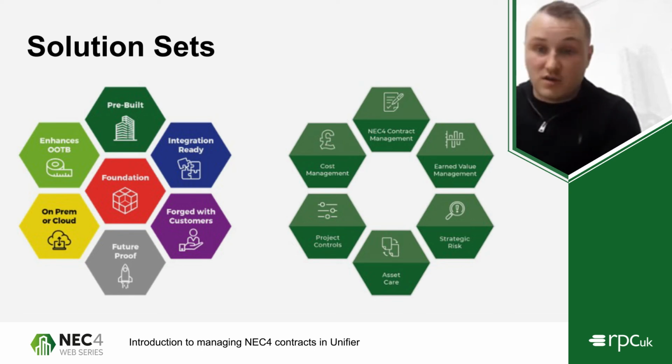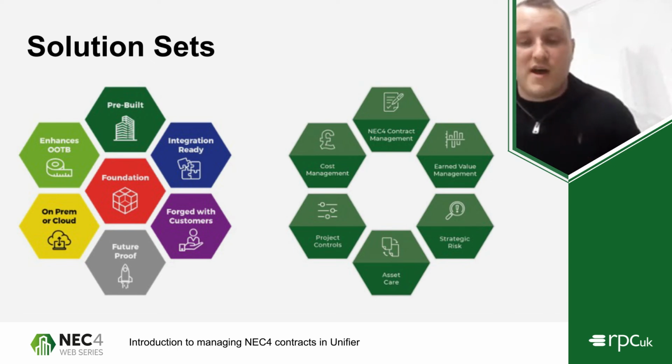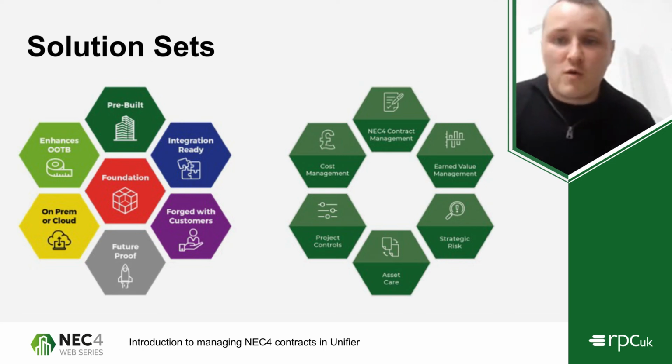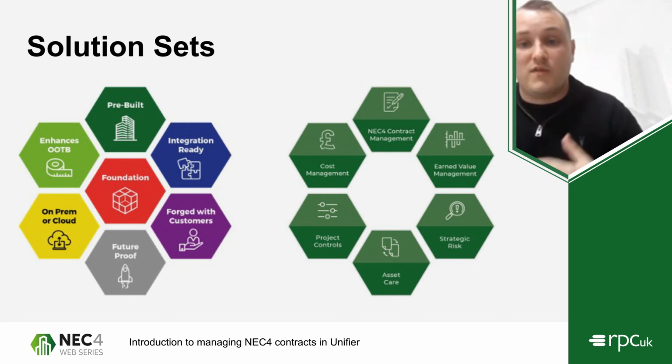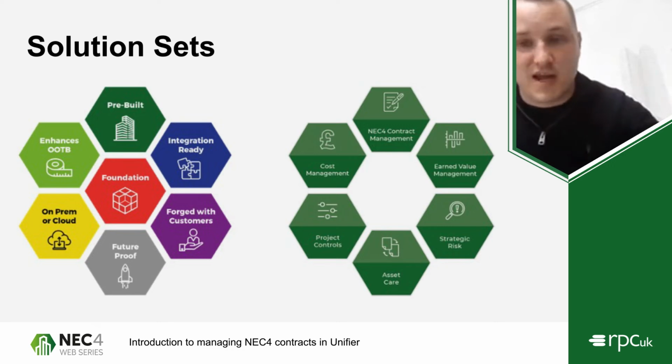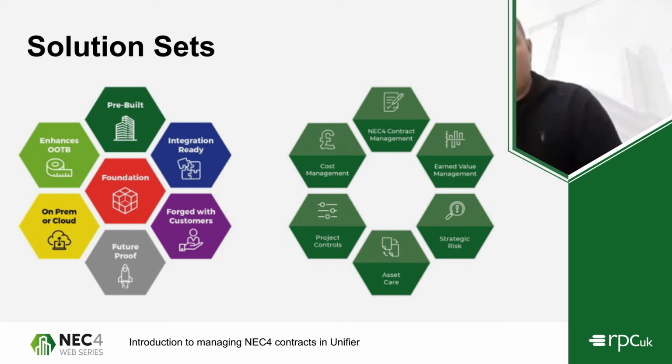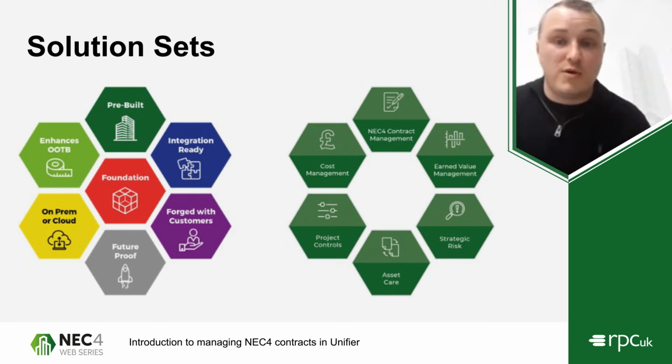And obviously that works in silo. Both fantastic systems and both delivering what they needed them to do. However, when it came to approving changes at the project level and then feeding that back into their contract management system, that was a manual process.